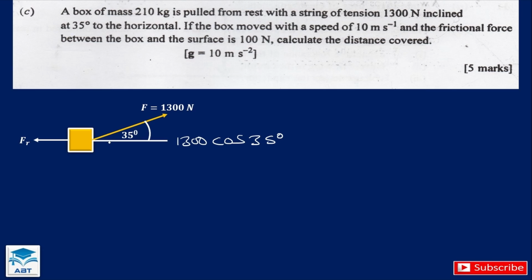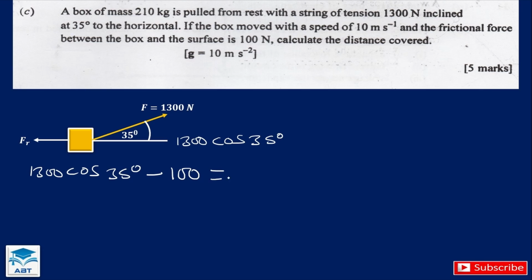And now, if the force acts in this direction and the friction also acts in this direction, then the net force is going to be the difference between the force and the friction. That will be 1300 cos 35 degrees minus the friction, which is 100. That will be the net force.